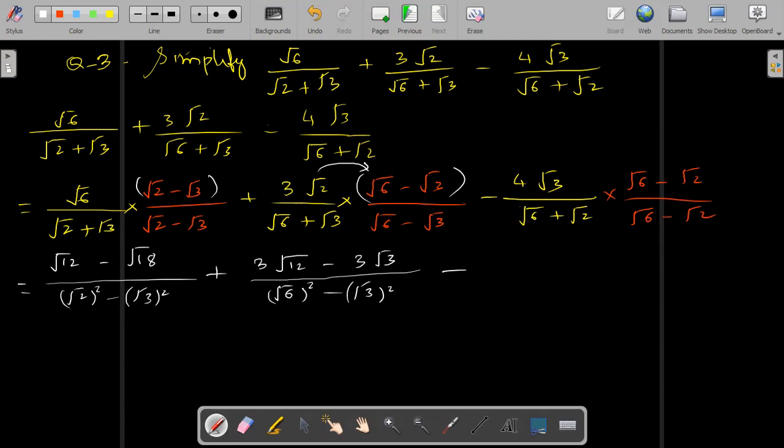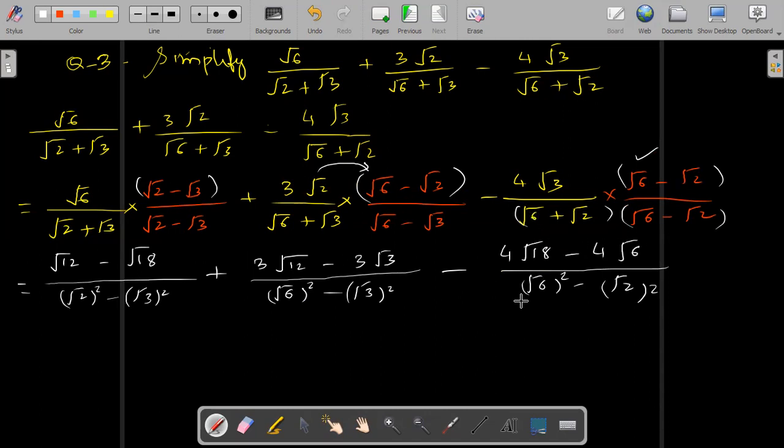Similarly here, these two will multiply and we get the formula root 6 squared minus root 2 squared, and this 4 root 3 will multiply with root 6, so 3 times 6 is 18, 4 root 18, then 4 root 3 times root 2 is root 6.